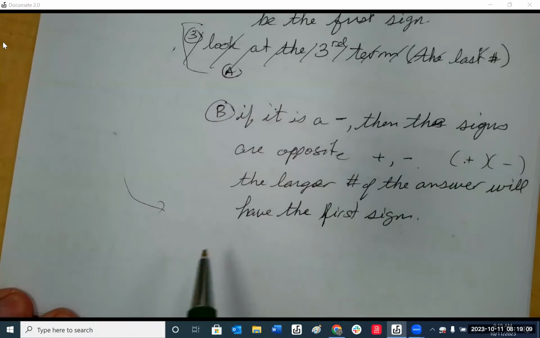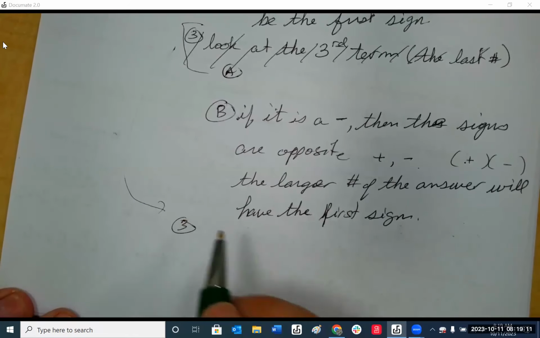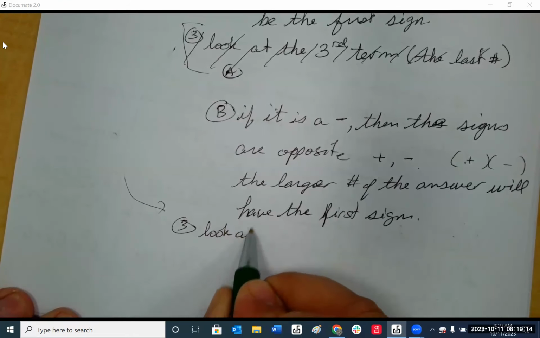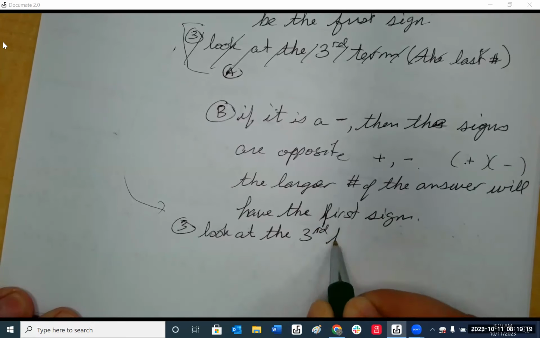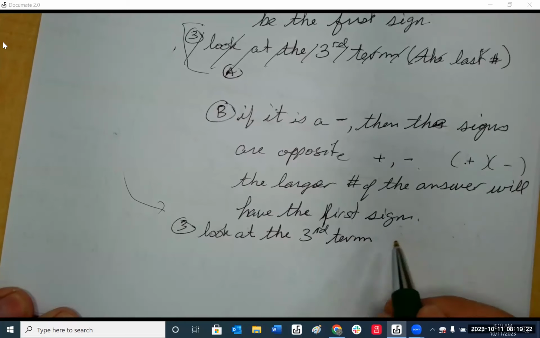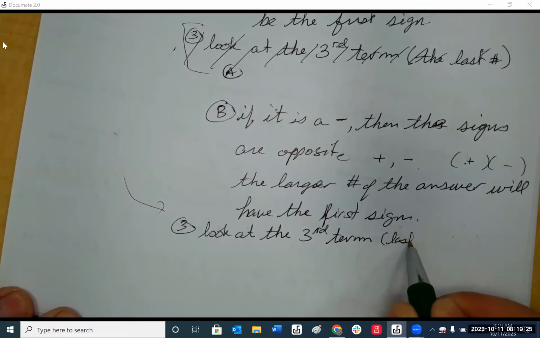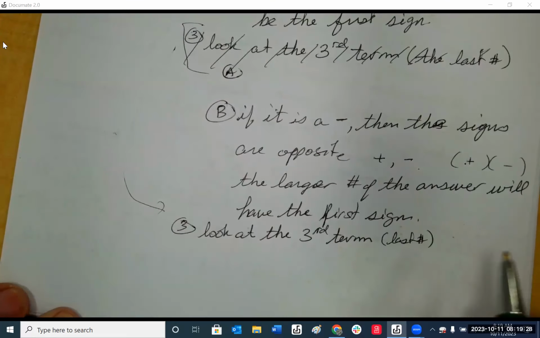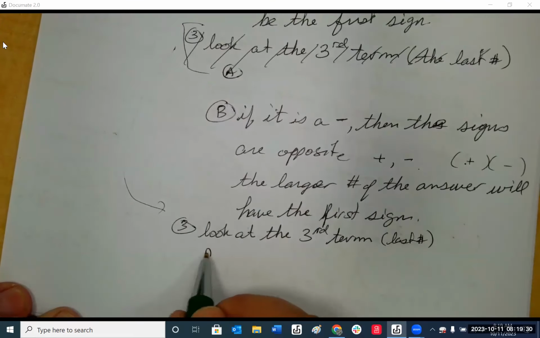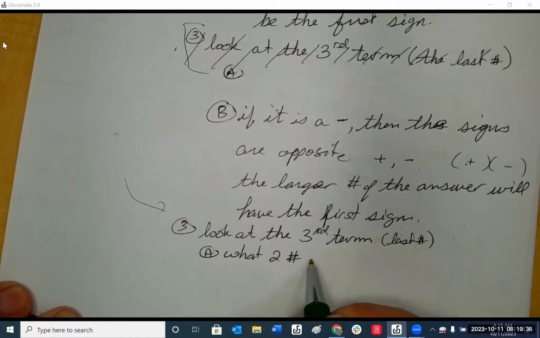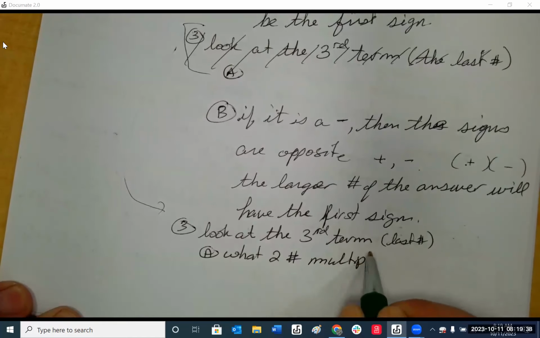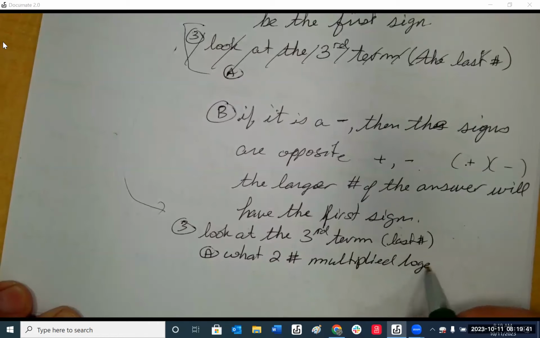Let's go back to this one. Now we got to figure out what the numbers are. Look at the third term. The last number. What two numbers multiplied together equal the third term?